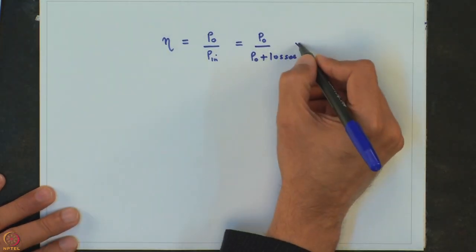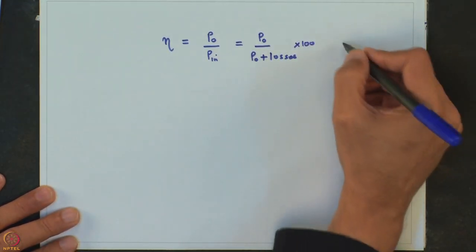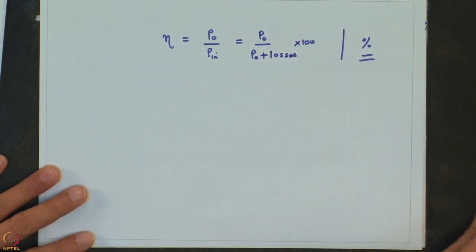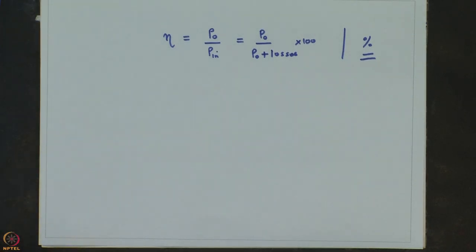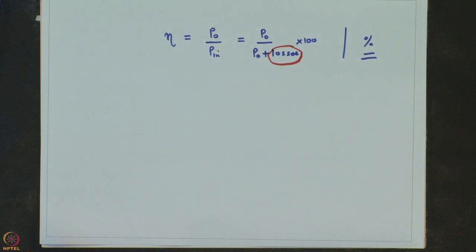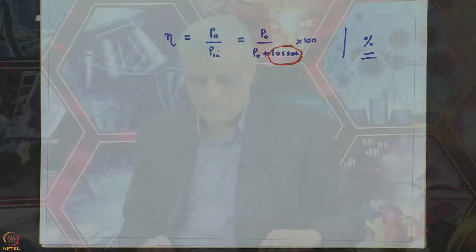If I multiply this by 100, then I get the efficiency in percent. So, basically the point is that we need to determine these losses, and once we know the losses, we can find out the efficiency. So, that is the first thing, we want to determine the efficiency of the power electronic circuit. That is one reason for determining the loss.